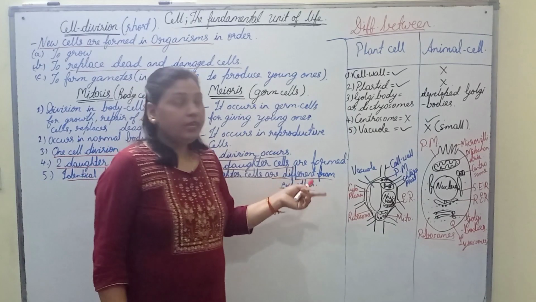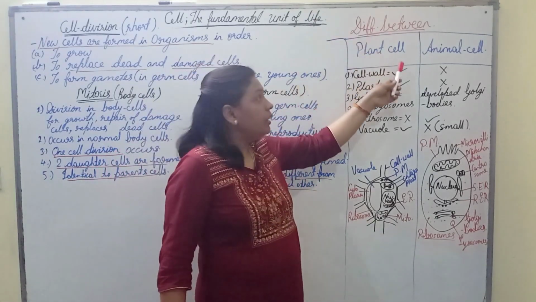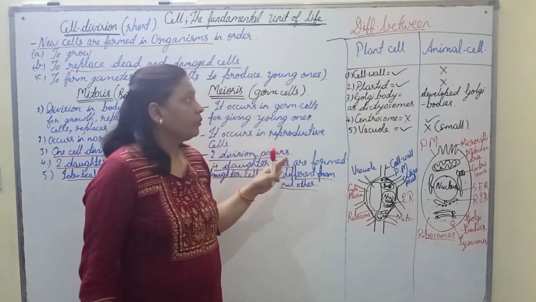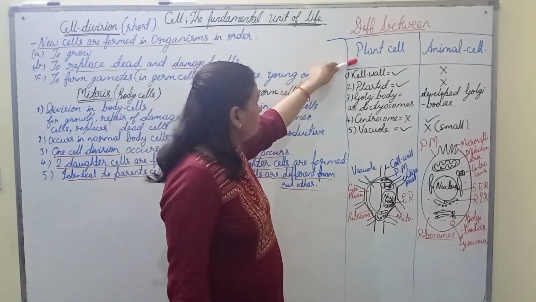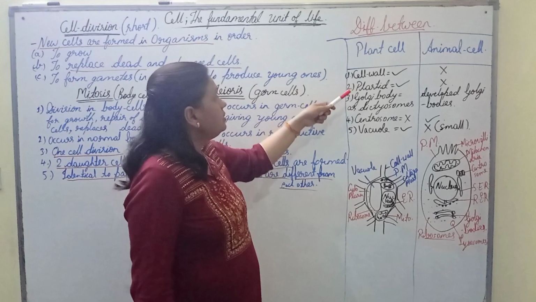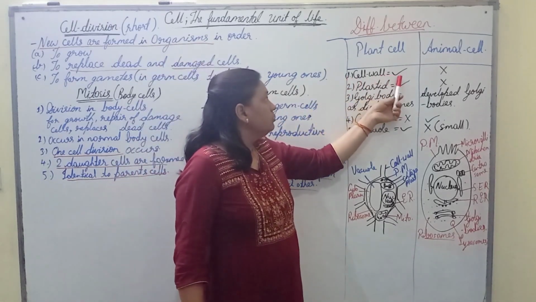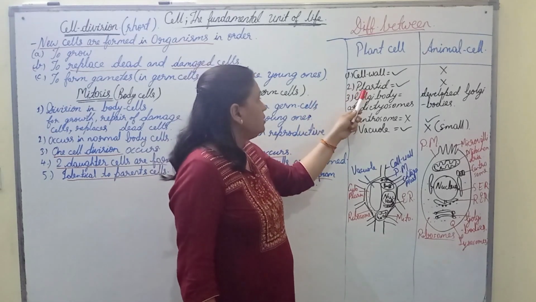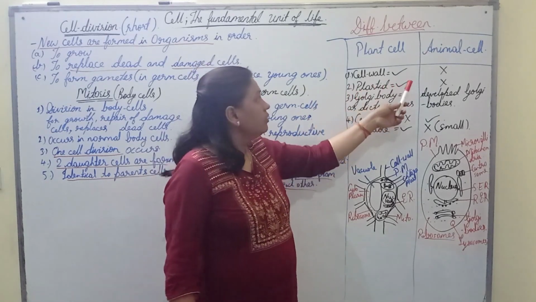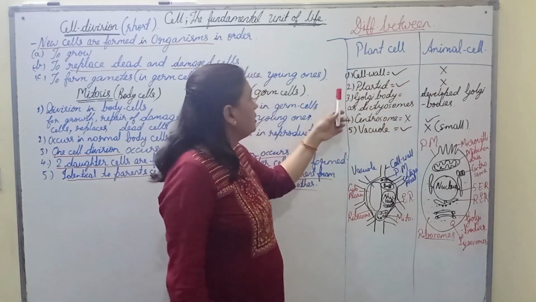Now moving on, we have the difference between plant cells and animal cells. First, let us see plant cells. Plant cells have a cell wall. In animal cells the cell wall is absent. Plastids are present in plant cells while absent in animal cells.